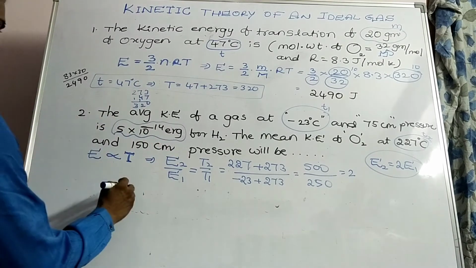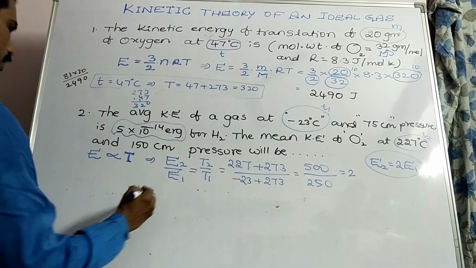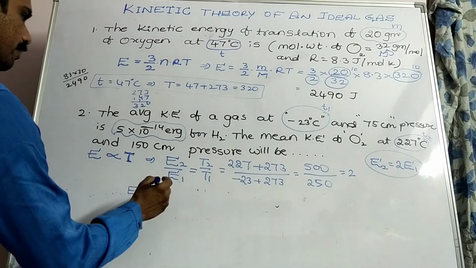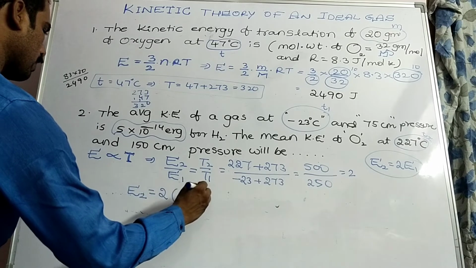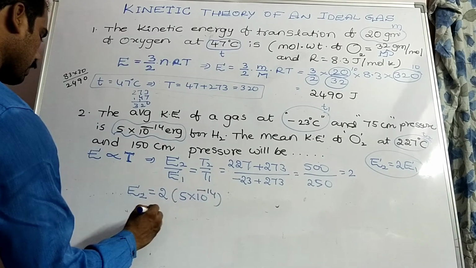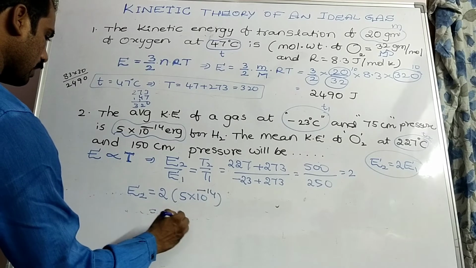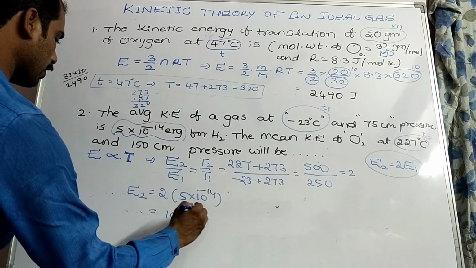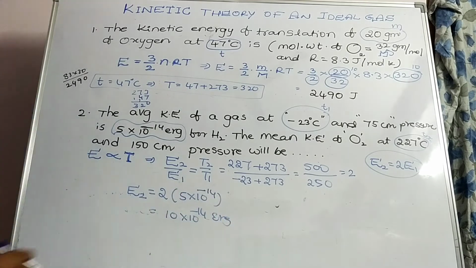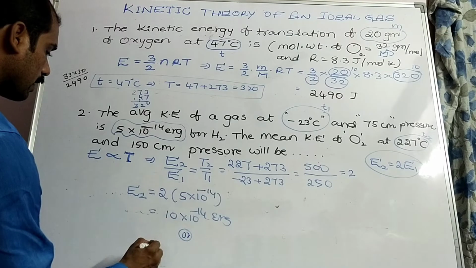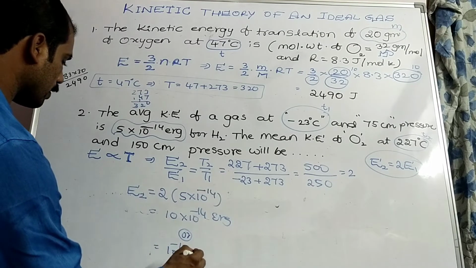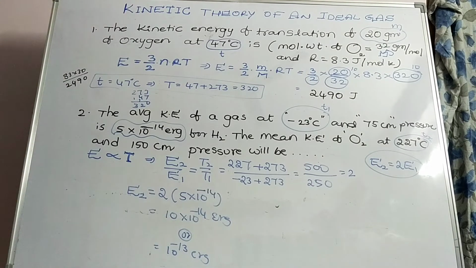For that, E2 is equal to 2 into 5 into 10 power minus 14, that is equal to 10 into 10 power minus 14 erg. That will be the answer, and it can also be given as 10 power minus 13 erg.